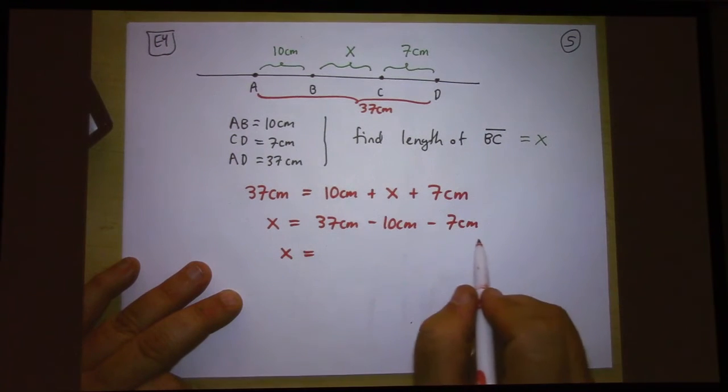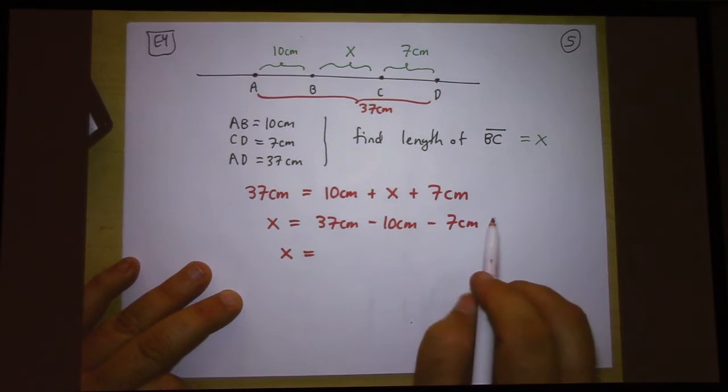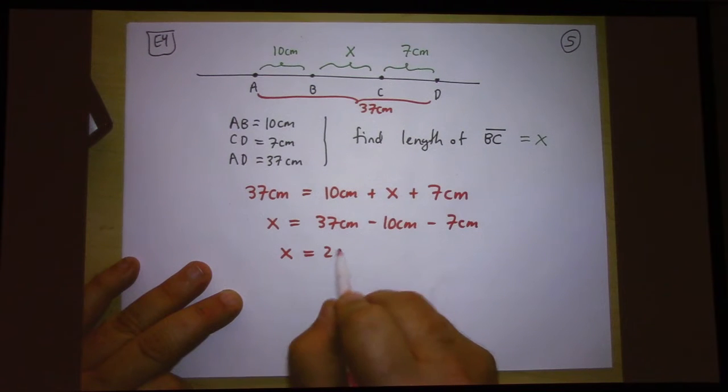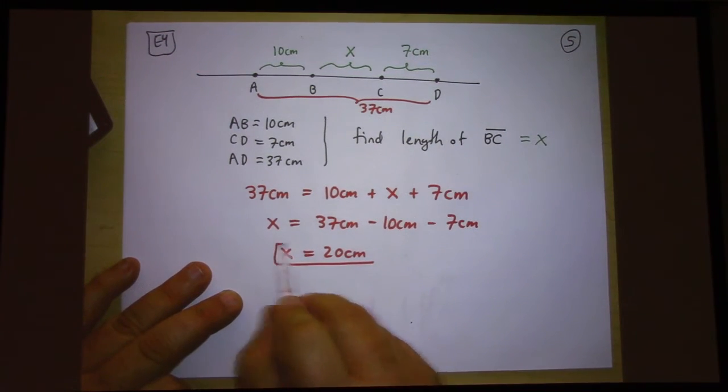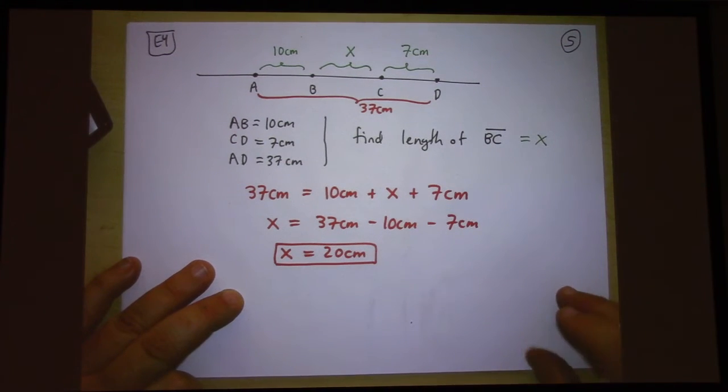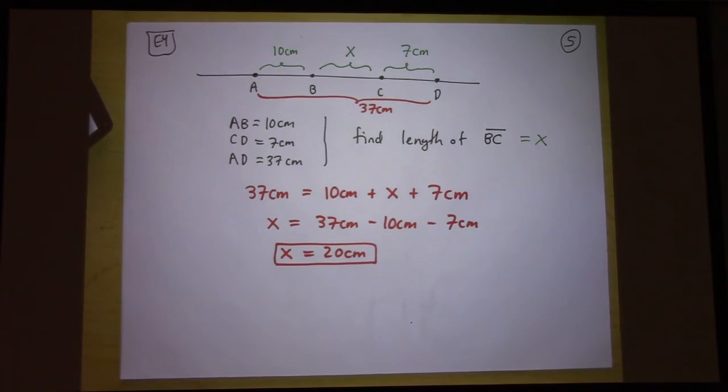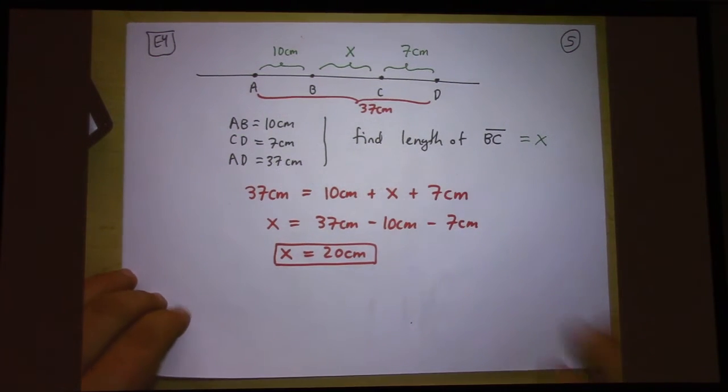Let's see here. 20 centimeters. I hope that's the answer. Whew. Okay, good. Yes. So this is like problem 2 in your homework here. Let's look at another one. Any questions? The basic idea here is that if we have points on a straight line, then the sum of the distances has to be the net distance, right? It's just that.